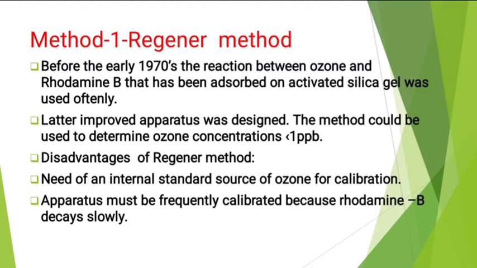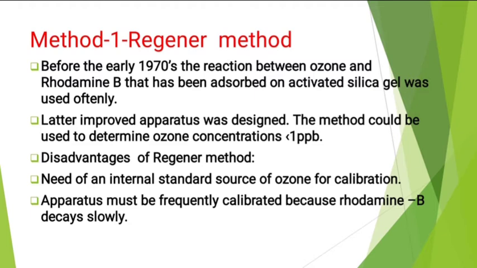Means simply ozone and rhodamine B react, and this reaction was adsorbed on the activated silica gel. This technique was often used before the 1970s. Later, there was an improvement in this method, and the apparatus was also improved or designed in a new manner. The method could be used to determine ozone concentration less than 1 ppb, that is parts per billion.